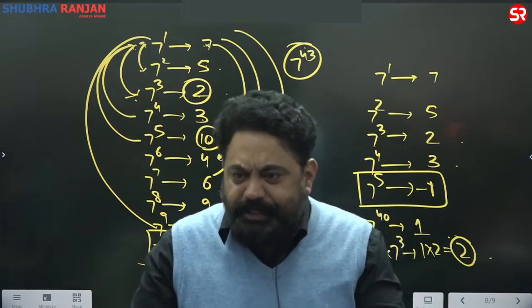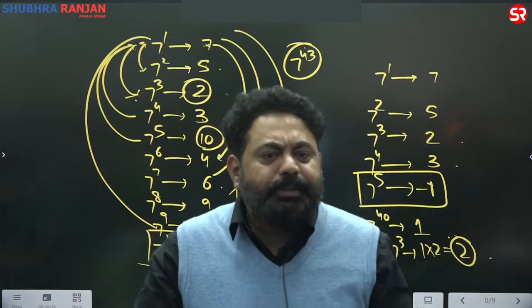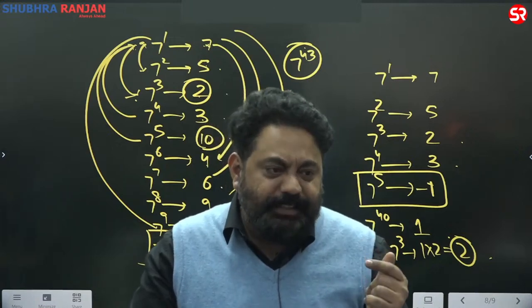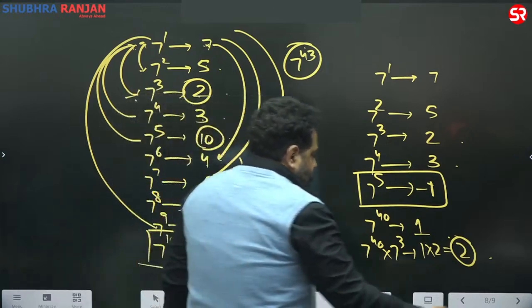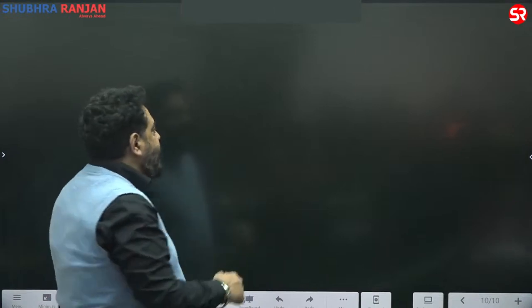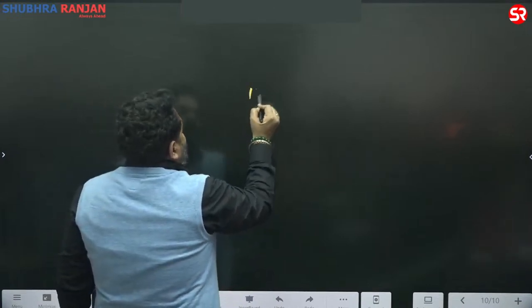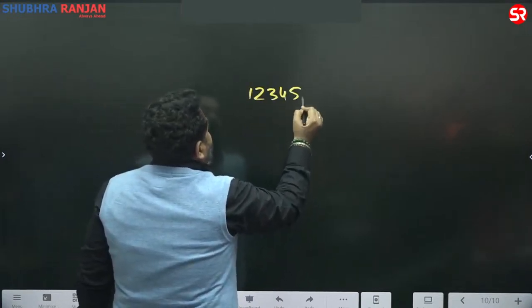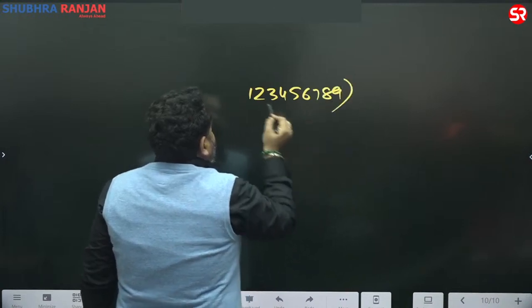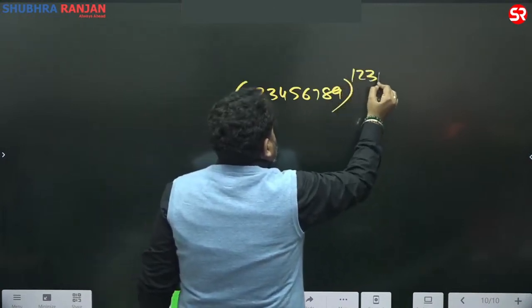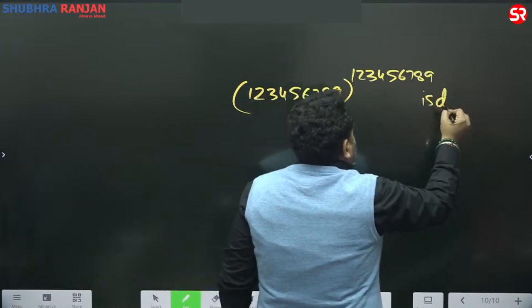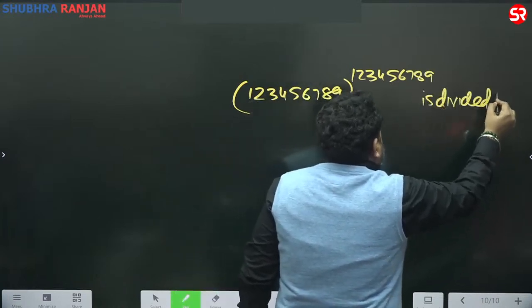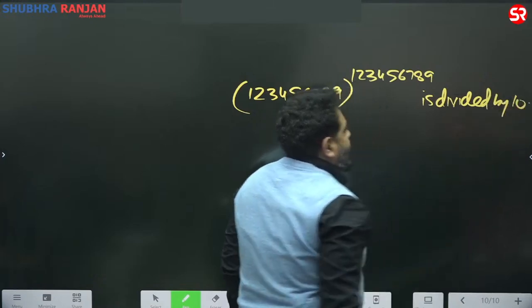I'll give you one question they had given you, and you would do it within seconds. Reason: you are good with negative remainders. Why are we basically doing negative remainders? The question: what is the remainder when 123456789 raised to the power 123456789 is divided by 10?